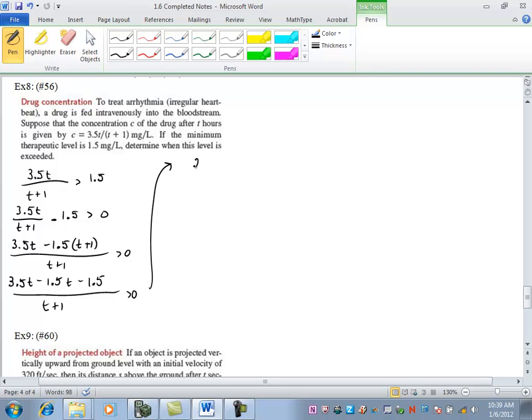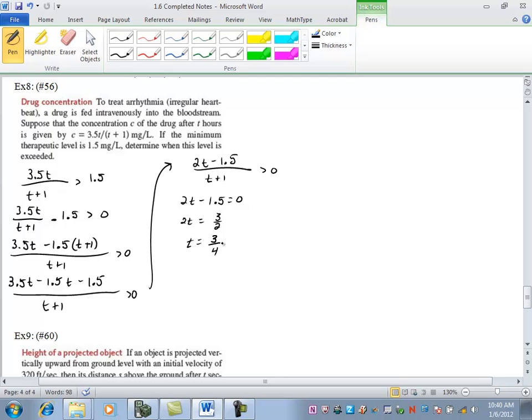So we've got 2T minus 1.5 over T plus 1. When is this greater than 0? Well, now remember, we need to know when 2T minus 1.5 equals 0. 2T equals 3 halves, and so T equals 3 quarters.